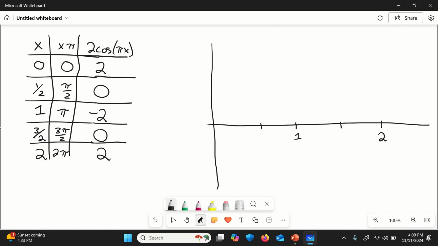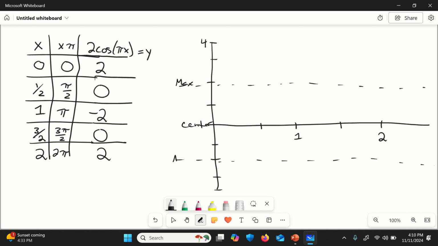The guide function is bound between a maximum value on the y's as positive 2 and a minimum value of negative 2. Because my aim is eventually to graph the secant function rather than the cosine, I am going to show my axis further up than positive 2 and further down than negative 2. And then we have our minimum, our maximum, and our center identified.